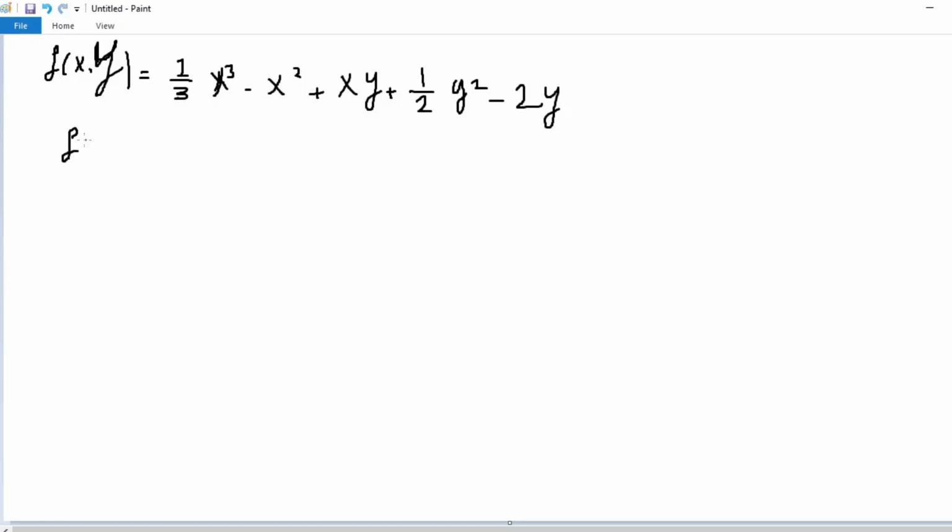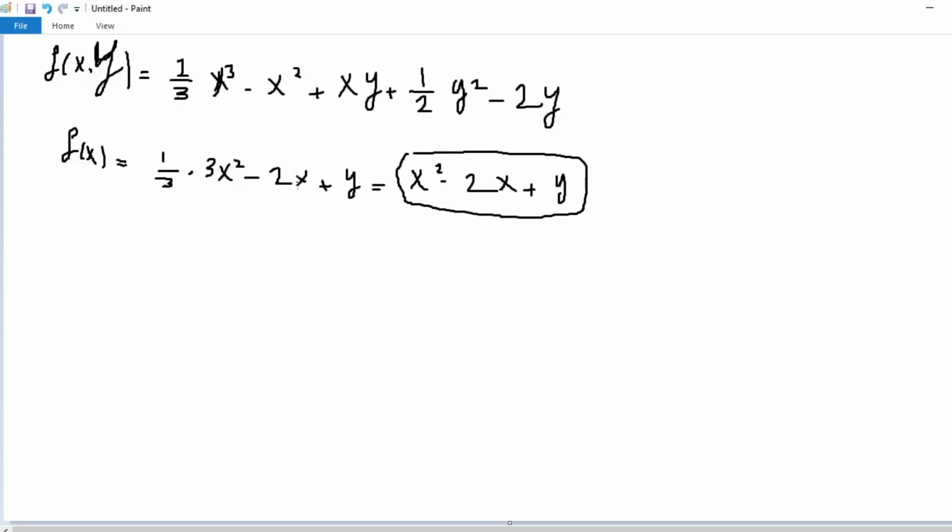Taking the partial derivative with respect to x gives 1 over 3 times (3x squared, negative 2x, plus y). Then the 3's can be cancelled, so what's left is x squared minus 2x plus y. So this is the first equation.